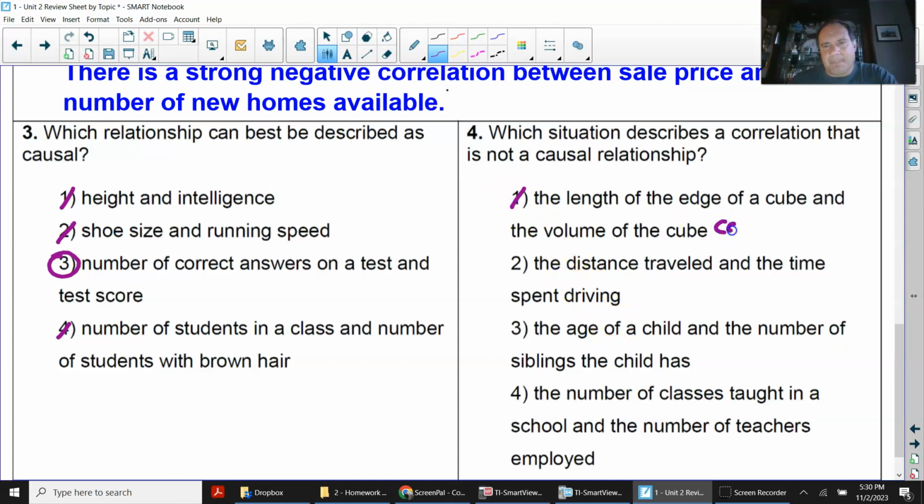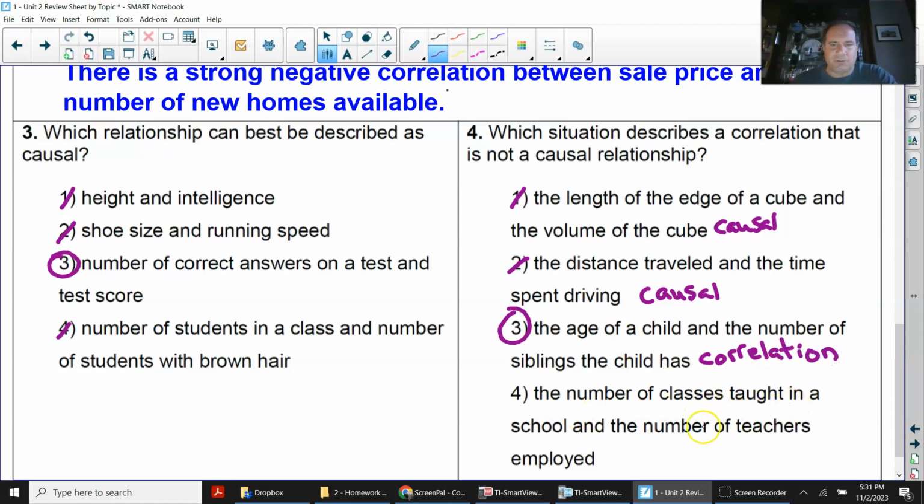The distance traveled and the time spent driving. Yes. Causal relationship. That's gone. The age of a child and the number of siblings the child has. No. That is a correlation. While it might be true, it's not a direct cause. And that's what you're looking for.